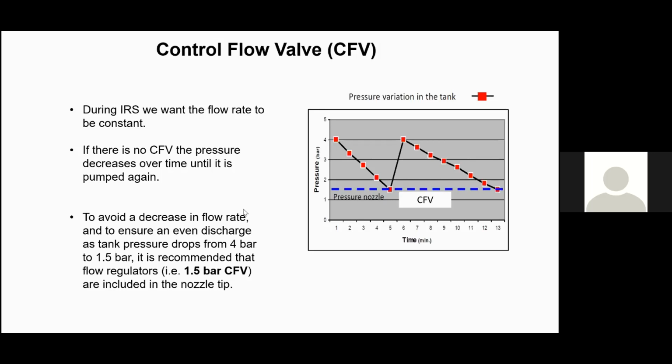And if there is no CFV, the pressure decreases over time until it is pumped again. So if we don't use CFV, then pressure will go down. And again, we have to prime the pump so that pressure is maintained and again it goes down to a certain level. But if you use CFV, you can see the blue dotted line here on the graph.